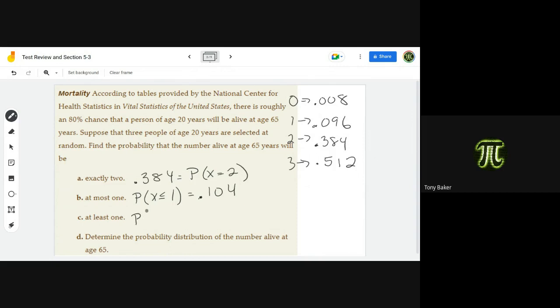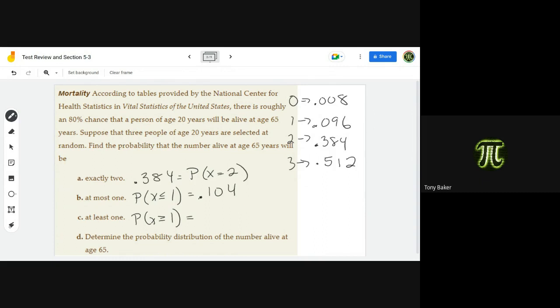At least 1. That's the opposite. It's greater than or equal to 1. How did you get this number? Yeah, you're going to add 1, 2, and 3 together, right?